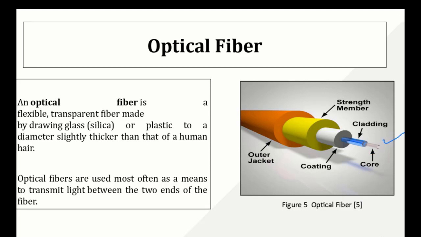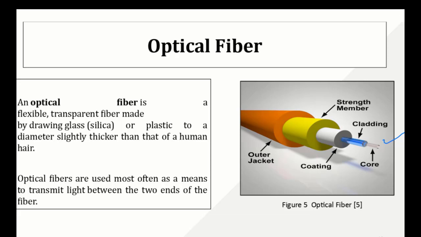The cladding has a lower refractive index compared to the core, so light has to travel from a denser to a rarer medium. When it reaches the surface of the two media, total internal reflection takes place when the angle is greater than the critical angle. This material may be glass or plastic.